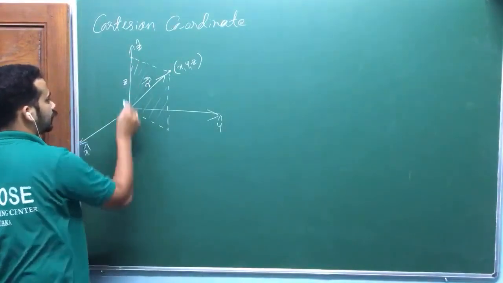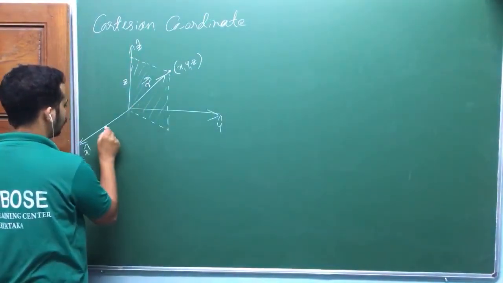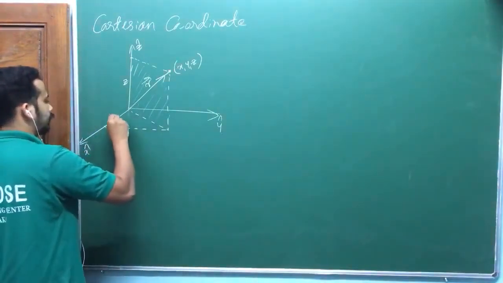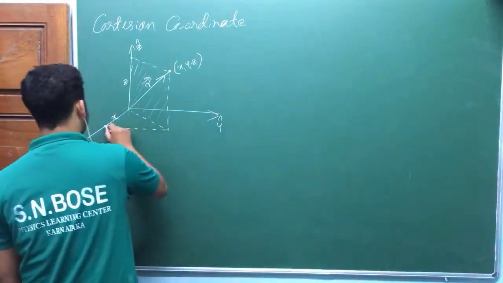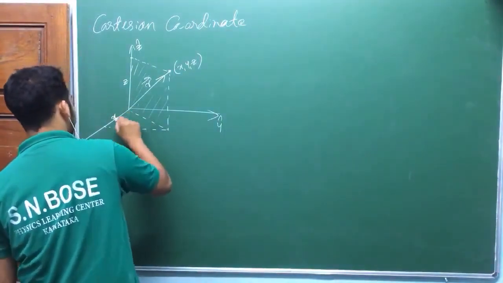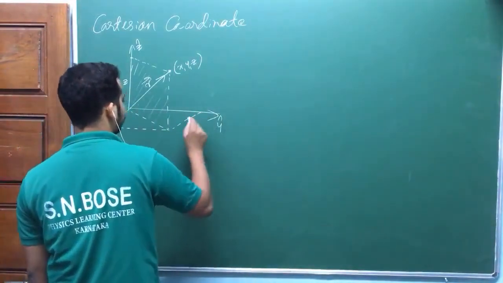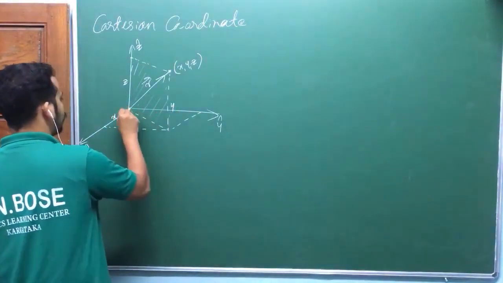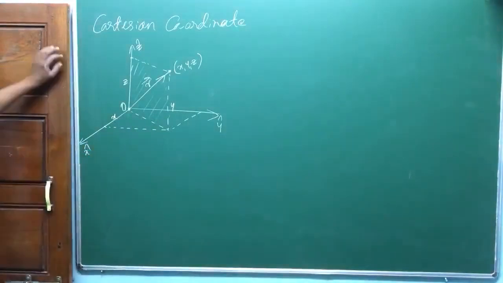This distance is z. Then we take projection here. So this is x actually. We take projection along this axis, the y axis. So this is y actually, isn't it? This distance is y, this is the origin. I hope you know this one, am I right?